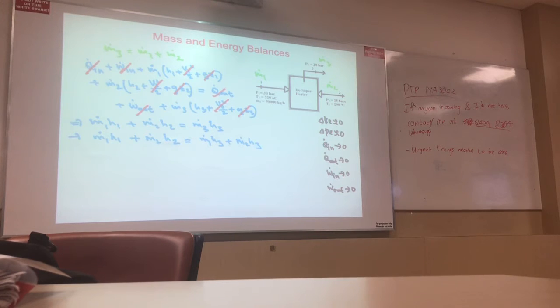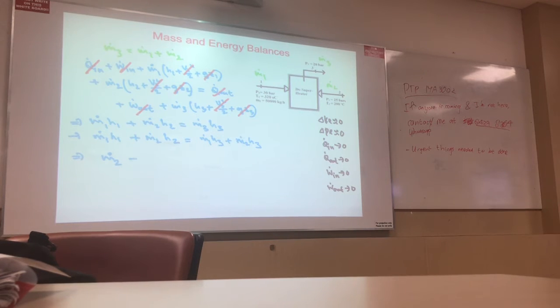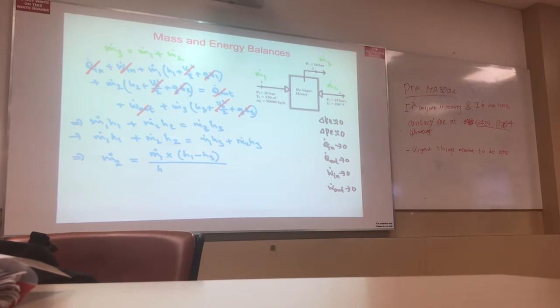Then after that I can say m dot 2 becomes m dot 1 times (h1 minus h3) divided by (h3 minus h2).